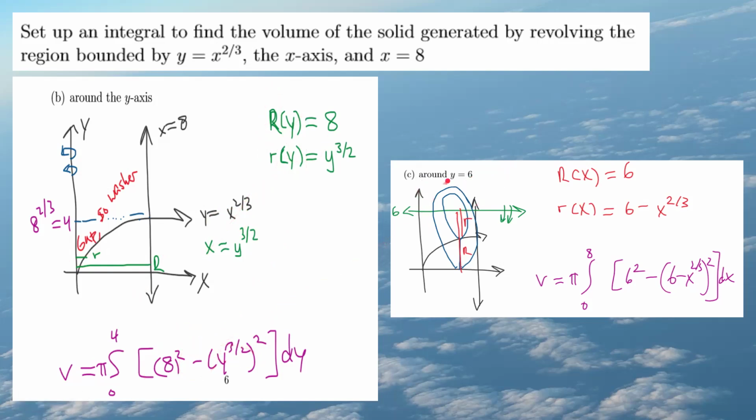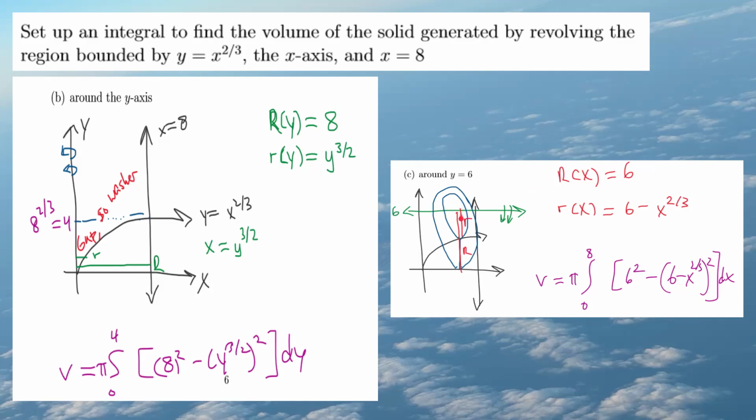Now, what if you're not spinning around an actual axis, just a specific line? What if we were spinning around y equals 6? Well, the only thing that changes is that you have to think about that when you're figuring out what your big R of x and little r of x are. So for big R of x, we start here and go however far it goes. It ends here. What is this distance? It is 6.